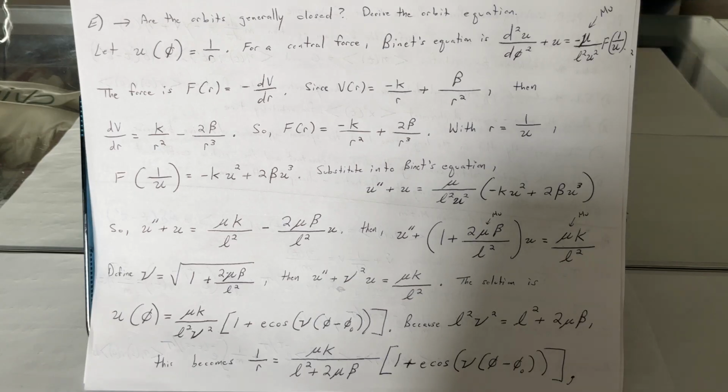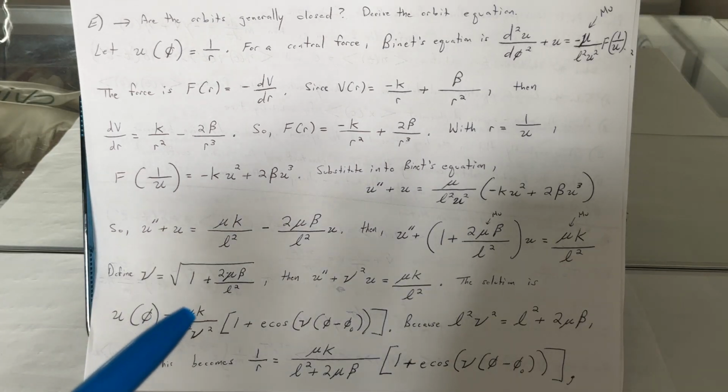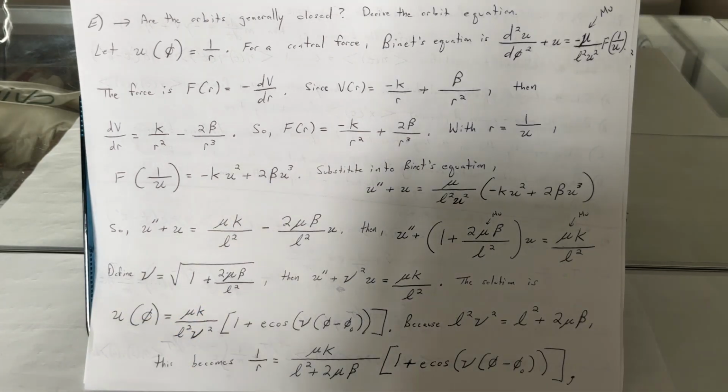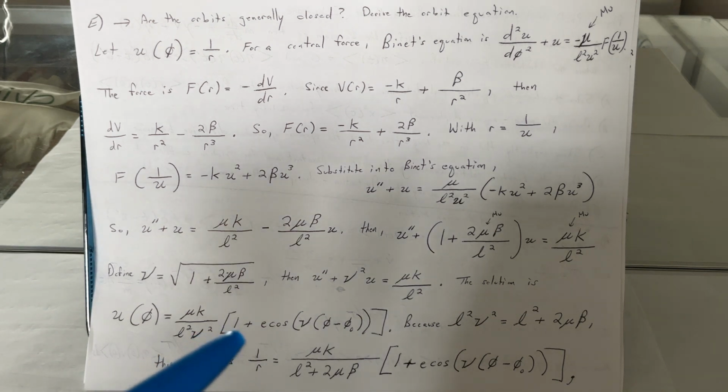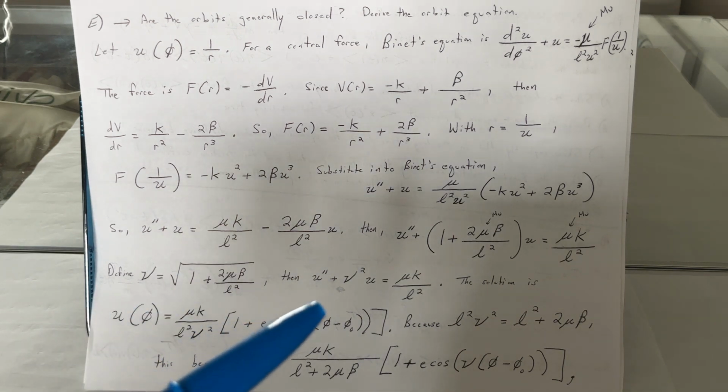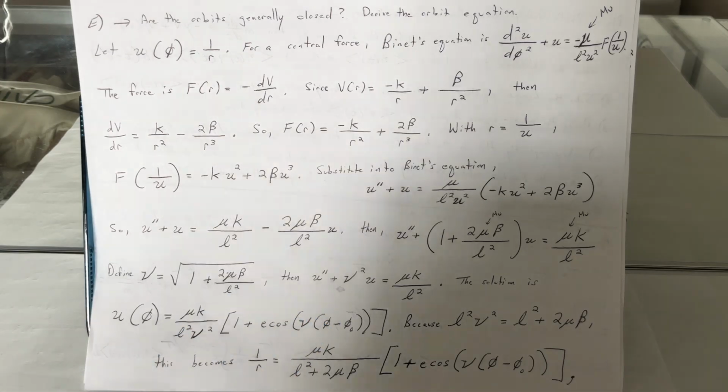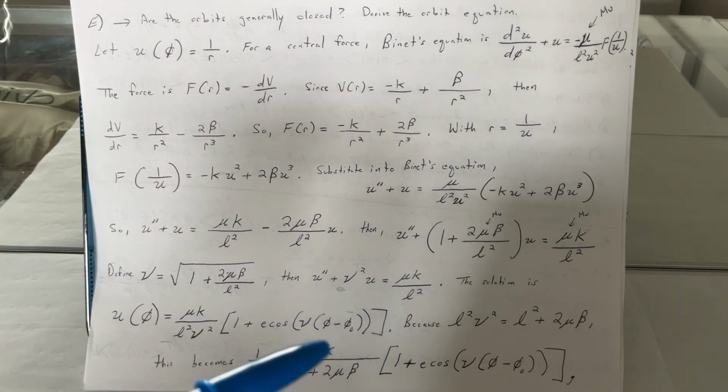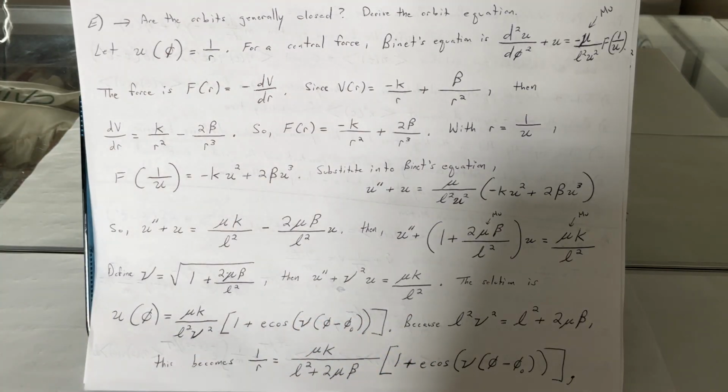So the solution is u of phi equals mu k over L squared nu squared, times the bracket 1 plus e cosine of nu times the quantity phi minus phi naught, close bracket.